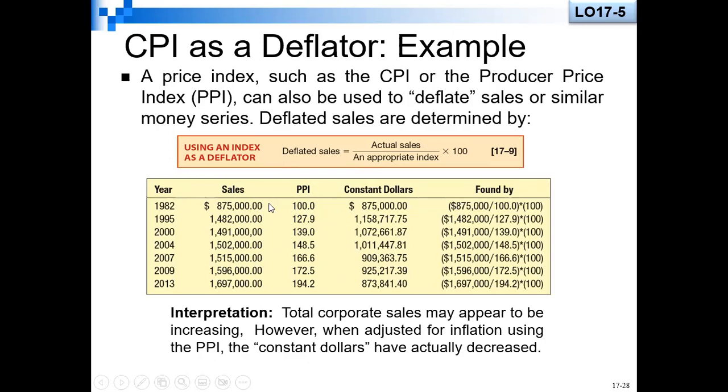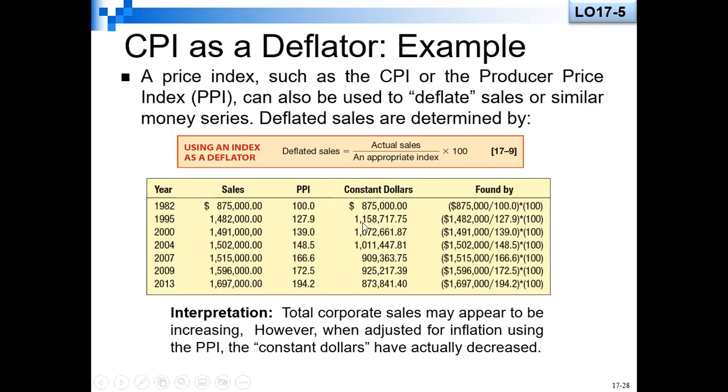So if you take sales, for example, of $875,000, and then the different sales in different years, and then you have the producer price index using 1982 as a base, and you can see the way the PPI has changed over time. What is the value of output in constant dollars? And you can use any particular year as your index. It could be 2000, it could be 2004. You can use any year as your base.